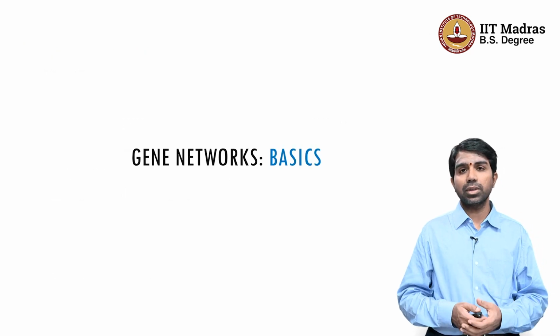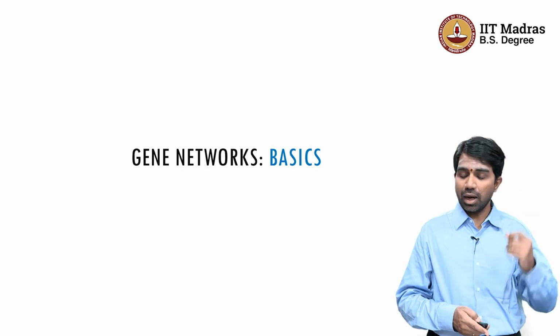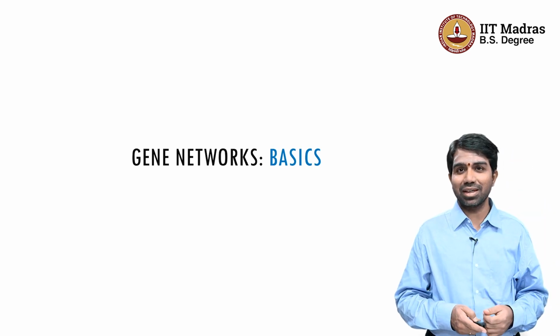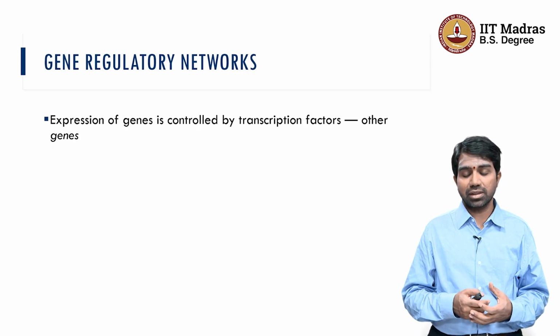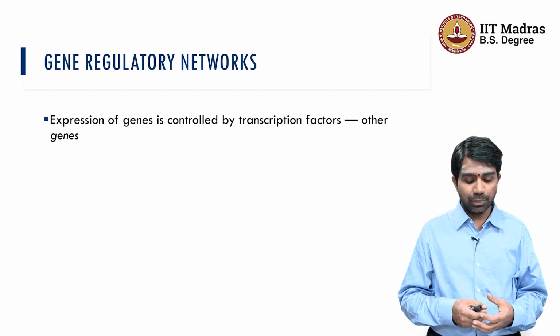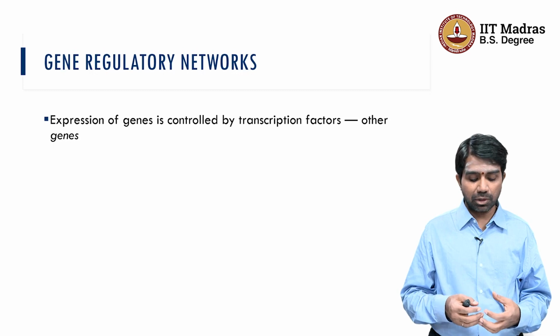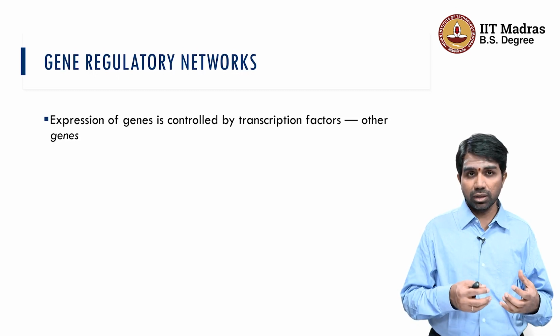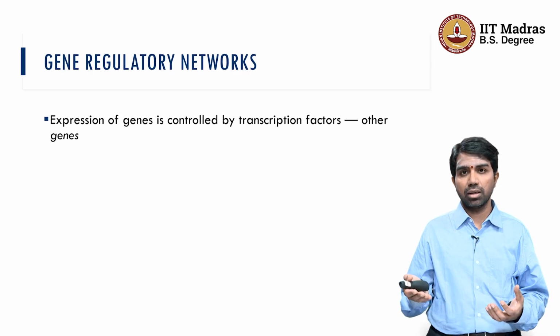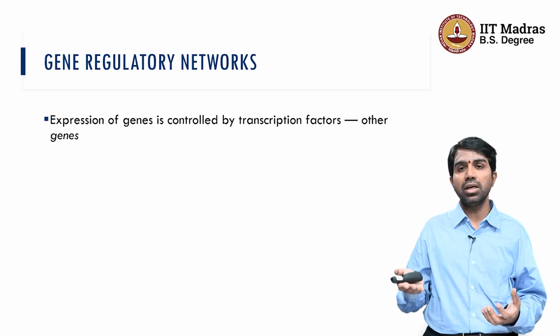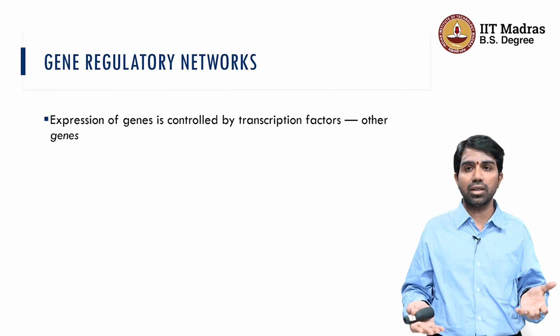So let us first start with gene networks, and you see them typically referred to by different names. So gene regulatory networks, as they are usually called, arise from the fact that the expressions of different genes are controlled by transcription factors. So the amount of a single gene is controlled by the levels of several other genes.